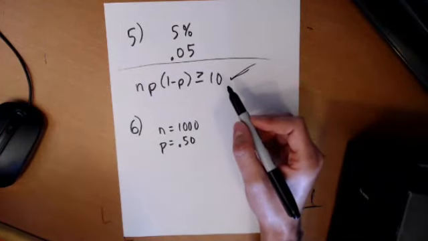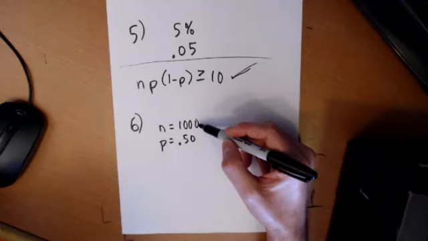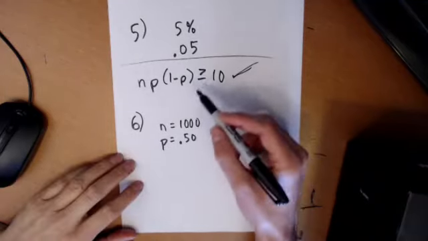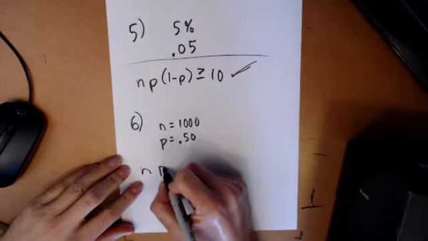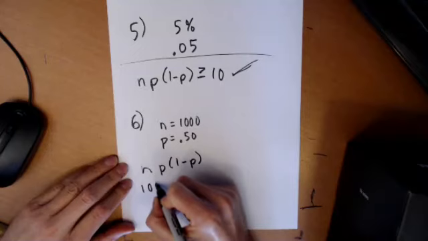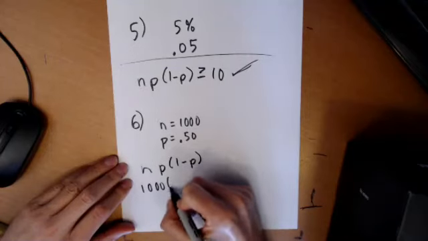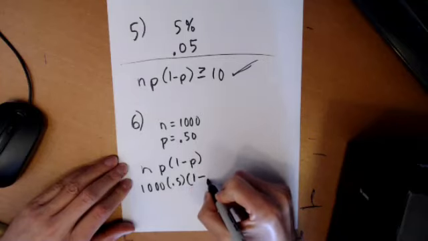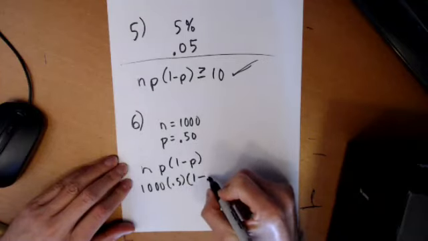But let's just make sure that this holds true for number 1. Problem number 1 said, remember, we're flipping a coin 1,000 times, and the probability of tails is 50-50. So let's just use this formula: np(1 minus p). n is 1,000, p is 0.5, 1 minus 0.5 is 0.5, same thing.